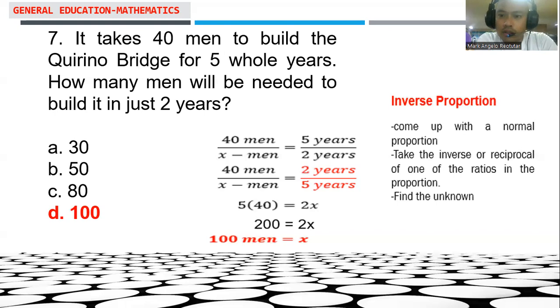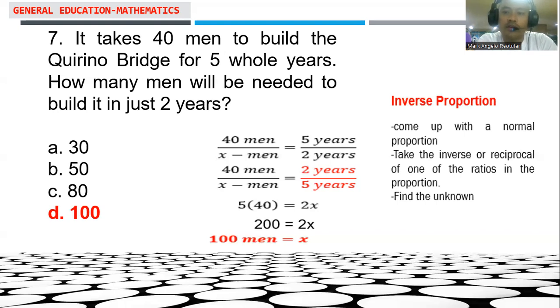Now, considering the process of looking into the inverse of a particular proportion, we need to come up first with an original proportion. So the original proportion that may be derived in this given situation is 40 men is to x men, that is equal to 5 years over 2 years. Okay?